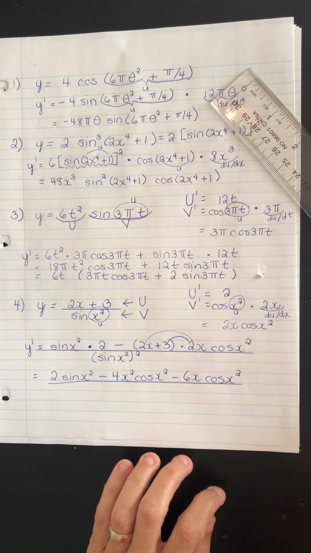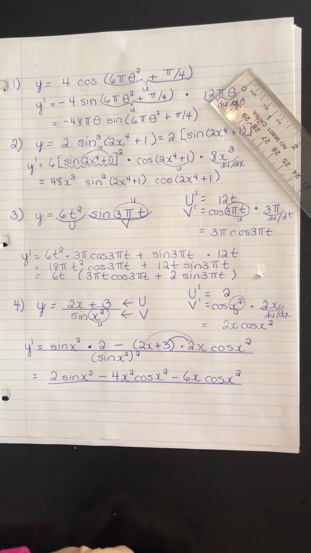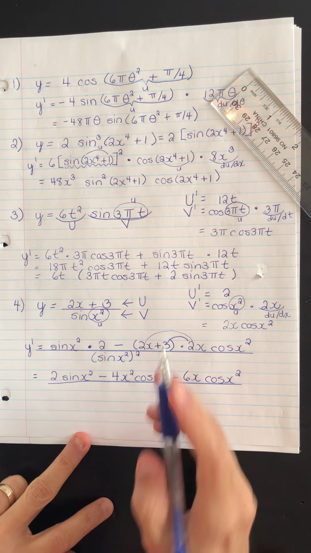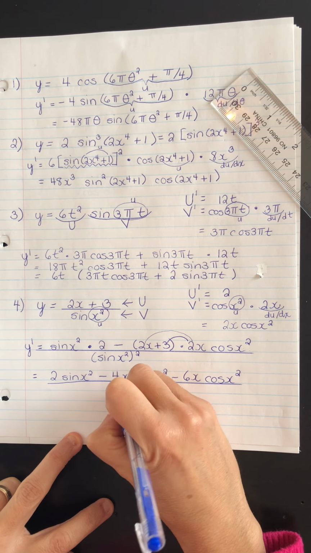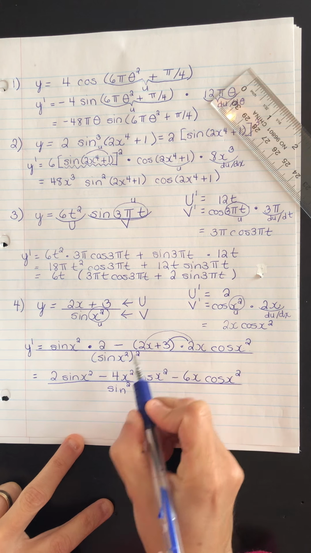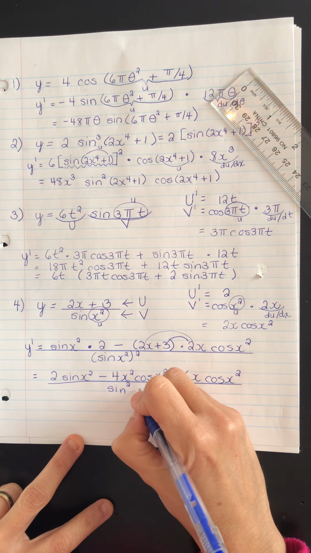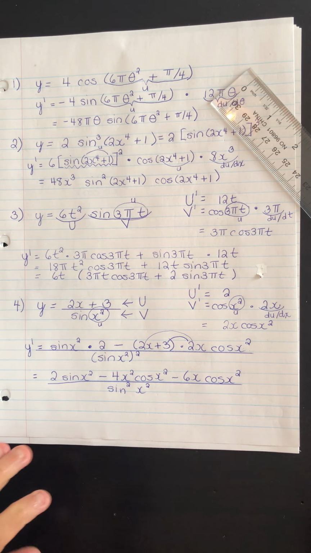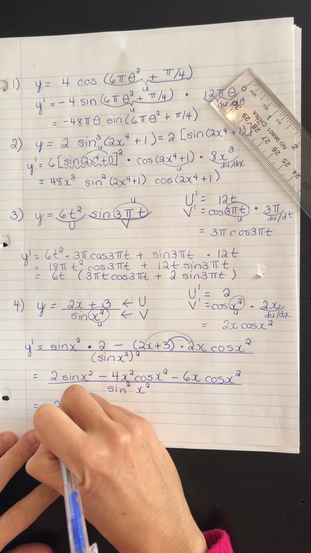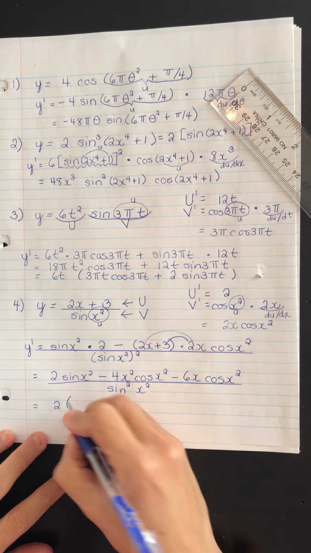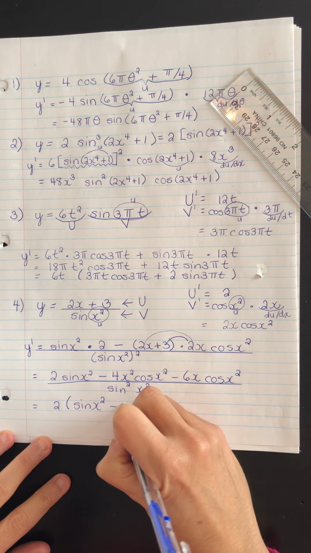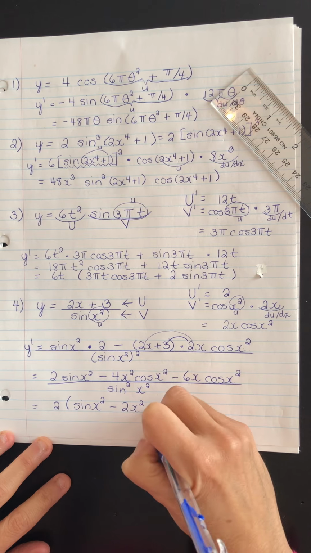So the bottom we can leave exactly like that, or remember we can move the 2, this 2 here, and it means the same thing. Okay, the only thing I think we can do is maybe take 2 out in the numerator, leaving it like this.